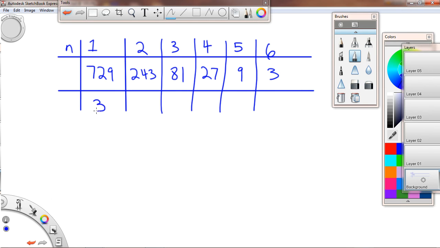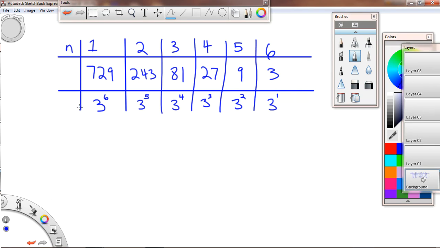So this is going to be 3 to the 6th, 3 to the 5th, 3 to the 4th, 3 to the 3rd, 3 squared, and 3 to the 1st. Okay, and question 4b asks you to express this pattern in terms of n.